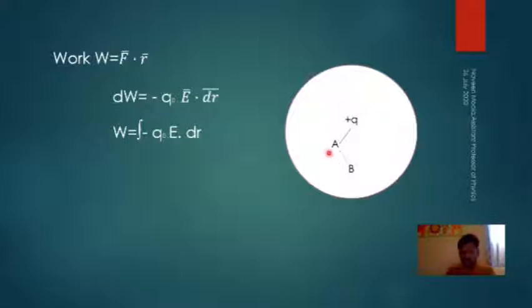Now I need to move a charge. In gravitation we call it an object; here we call it a charge. We need to move a charge q naught from A to B. Q naught is a test charge. Then how to calculate the work?